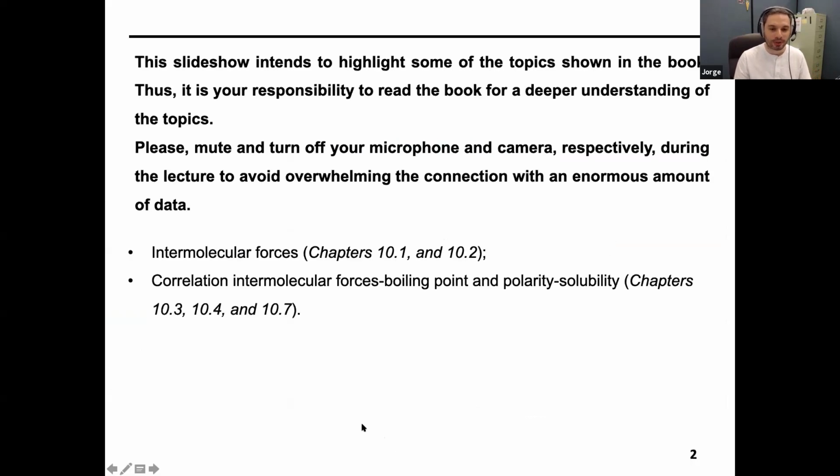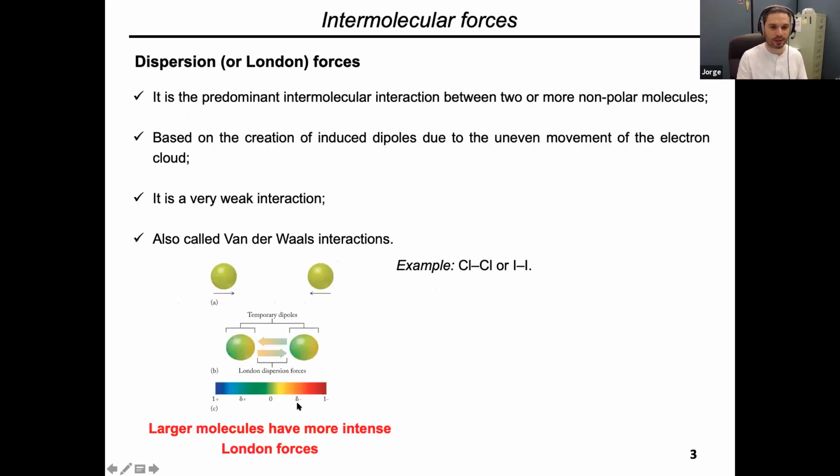In this chapter, of course, we will cover the different types of intermolecular forces, and we are also going to correlate intermolecular forces with boiling point and also polarity with solubility.